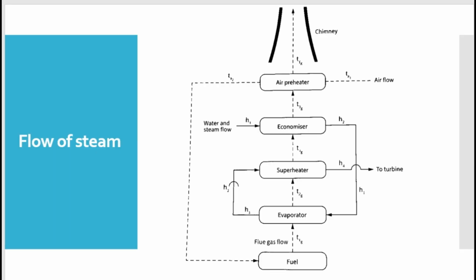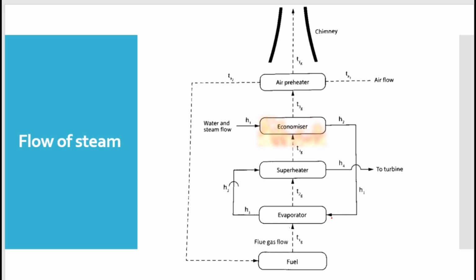We are going to start with the flow of steam. It starts with water that enters the economizer, water from the feed water pump to the economizer, and the economizer increases the temperature of water, and that water is sent to the evaporator.